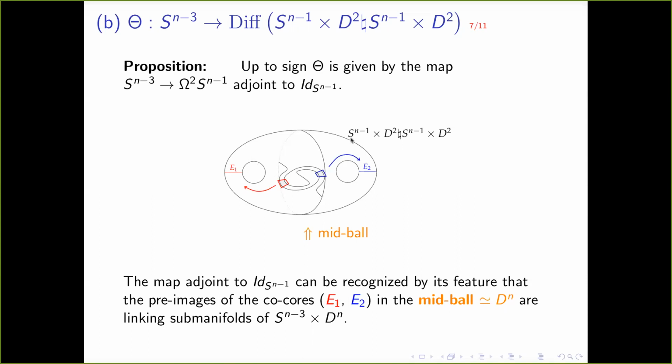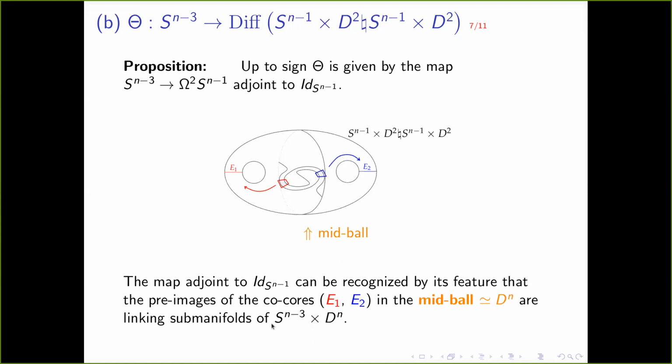Remember, this is a solid torus, a sphere cross D2. So this is a point cross D2 in that factor, and this is a point cross D2 in that factor. And you can ask which points on this thing that we call the mid-ball get sent by this diffeomorphism family to E1 and E2 respectively?